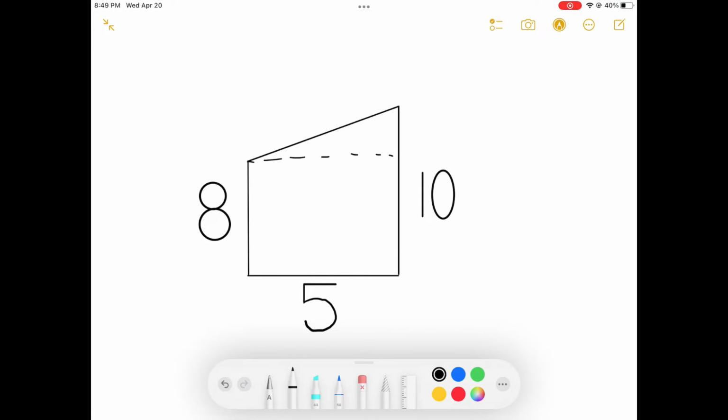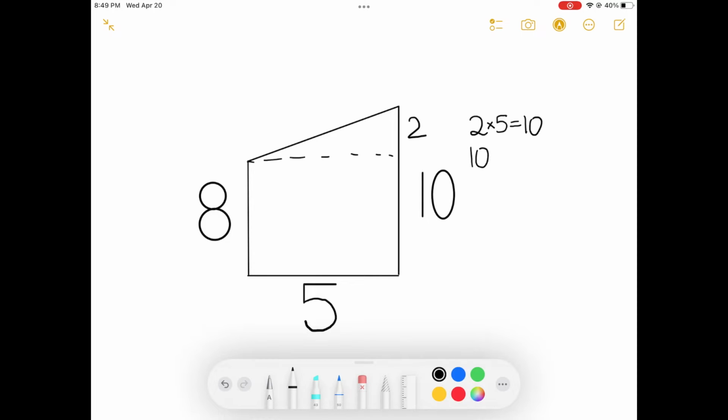So, to find that side of the triangle, or the length of the triangle, we do 10 minus 8, which equals 2. Now we have to multiply 2 times 5, so let's put that on there. 2 times 5, which equals 10.